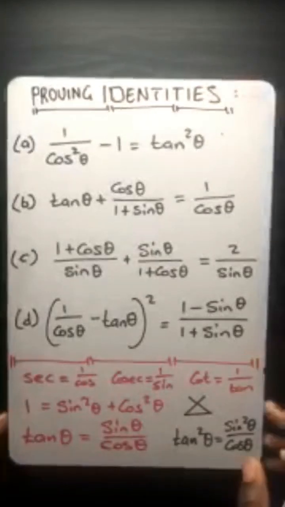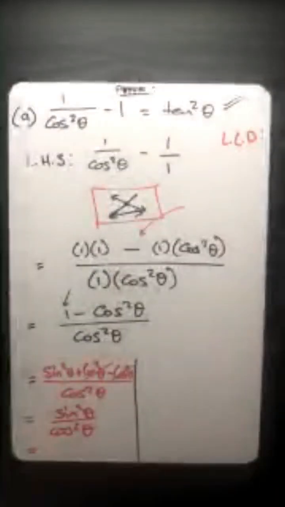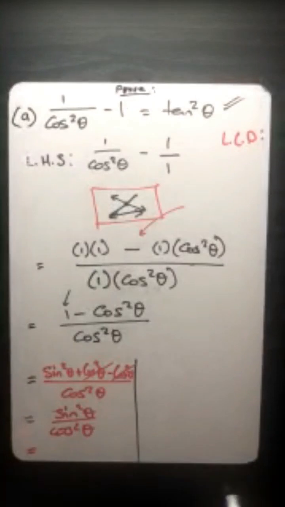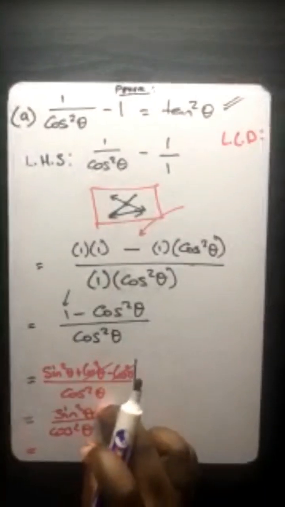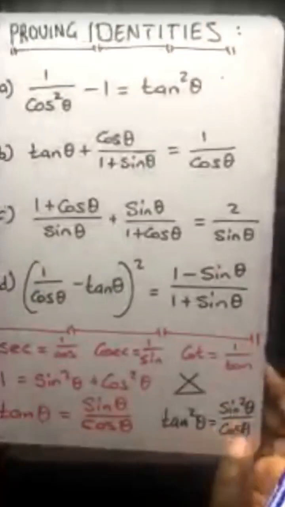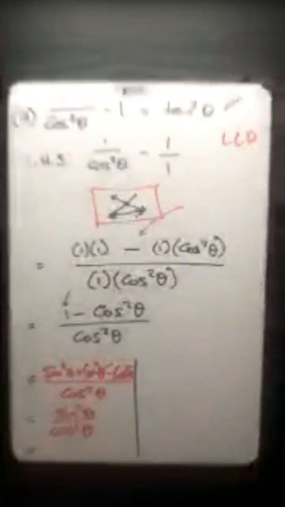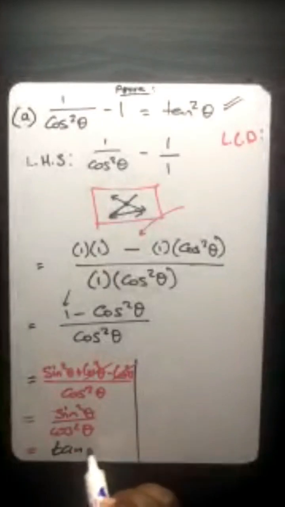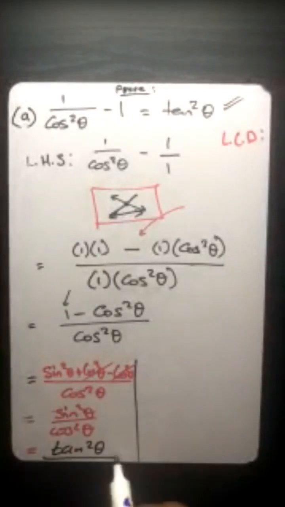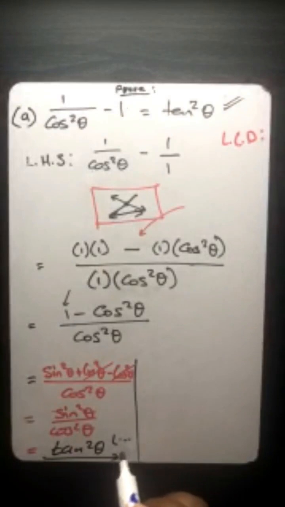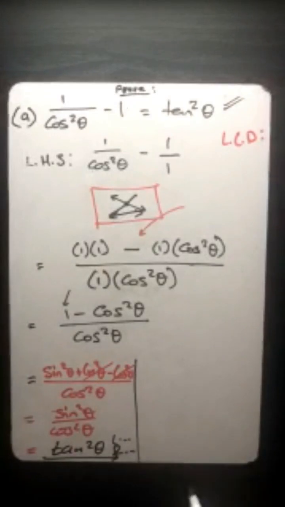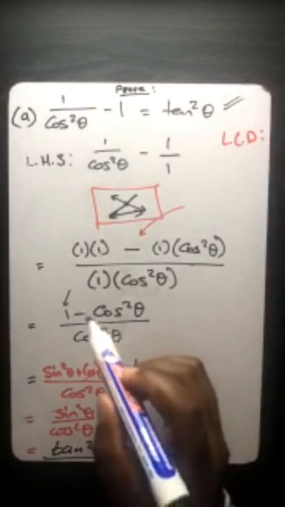And if you do it over and over again, you will end up not needing that. So can you guys see that actually this ratio is equal to what? Tan squared theta. So finally, that's when you can say the left hand side is equal to the right hand side.